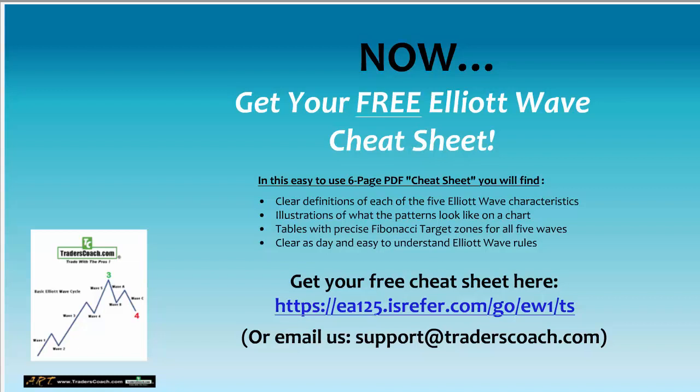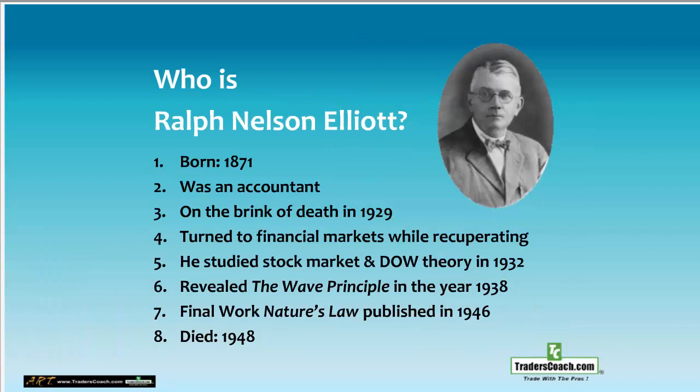So it's pretty cool. All right, now the next thing we want to discuss, give you a little history about Elliott. His full name was Ralph Nelson Elliott, and Don talked a little bit about this. He was born in 1871, quite a while ago. He actually was an accountant. And in 1929, he almost died. While recuperating, he turned from accounting to the financial markets.